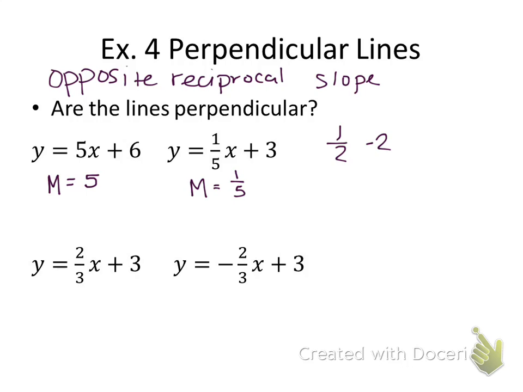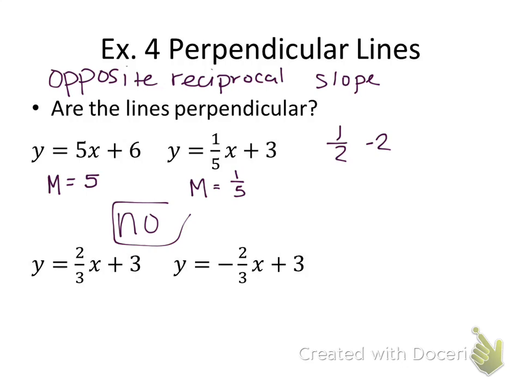No. In order for them to be opposites, one would have to be positive and one would have to be negative. They're both positive. So right off the bat, I know they're not going to be perpendicular. I can stop right there. But what would be the second question? I would say, are they reciprocal? Yeah, actually it is the reciprocal, but because it's not opposite reciprocal, it has to be both in order to be a perpendicular line. So my answer is no.